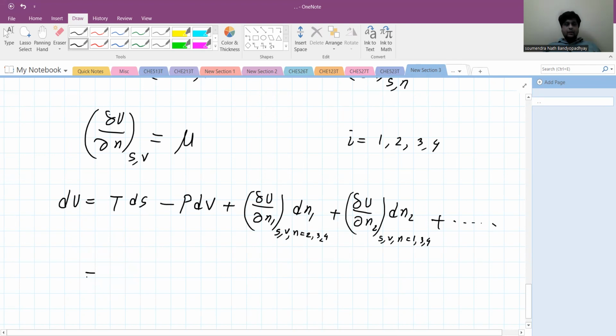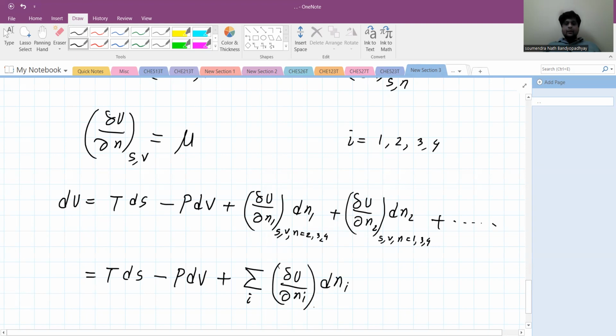Just to make it look cleaner, we can say dU equals T dS minus P dV plus the summation of del U del ni into dni, where we keep constant S, V and nj, which is not the same as ni, that is j not equal to i.